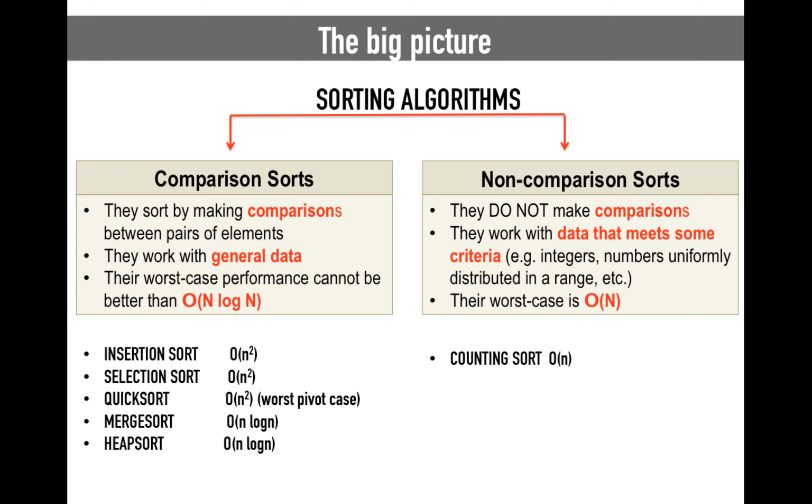But merge sort and heap sort have a performance of n log n, which is much better. But counting sort is even better. Its execution time is proportional to the size of the collection, which is fantastic. So the question is, can we get a comparison sort that performs as good as the counting sort?